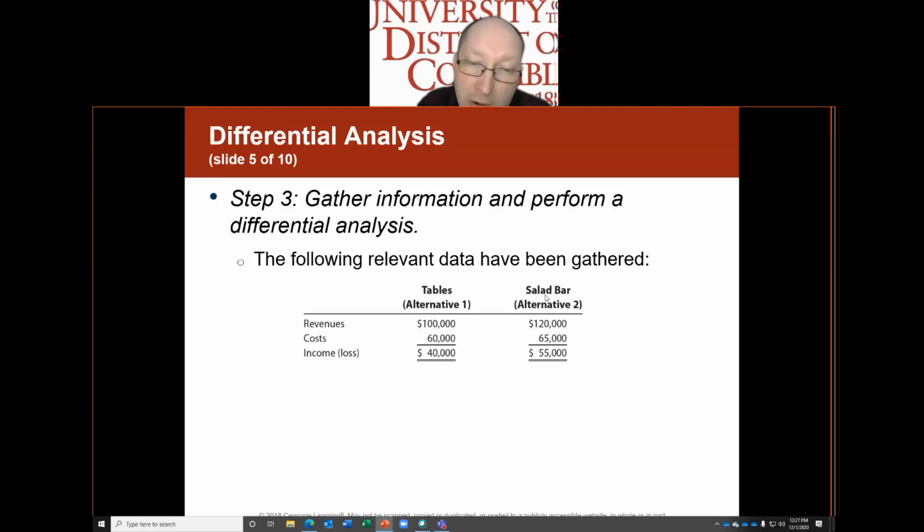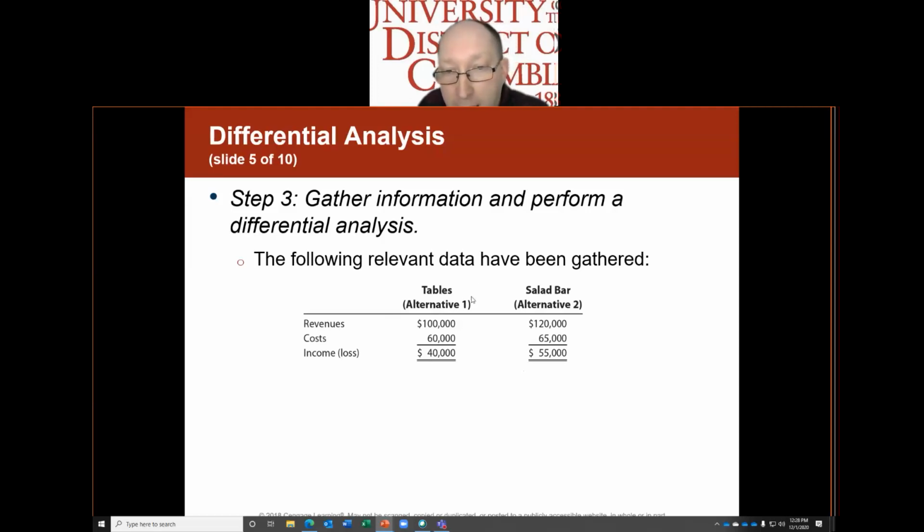Alternative 2 is I replace those tables with a salad bar. The potential revenue from the salad bar is $120,000. The cost of operating that salad bar is $65,000. That gives me a potential income of $55,000. Again, revenue minus cost equals income. So interesting so far.